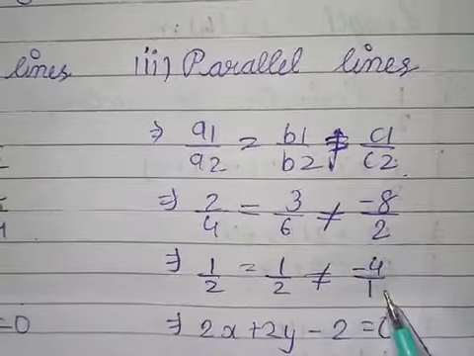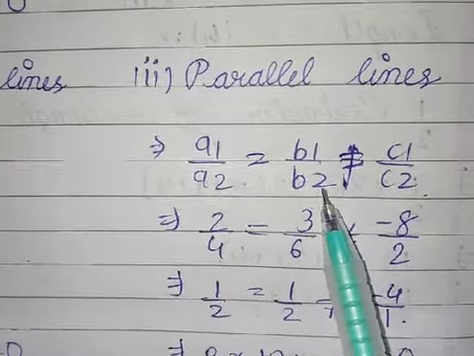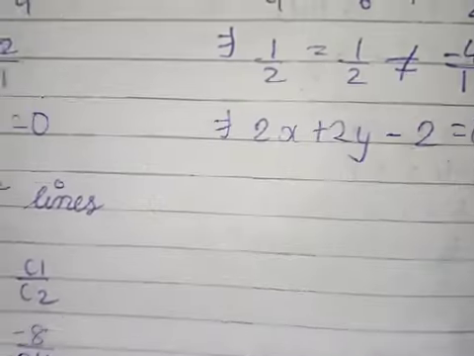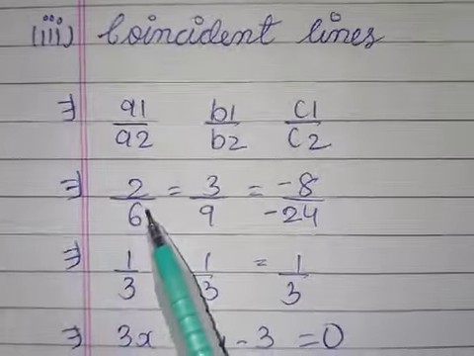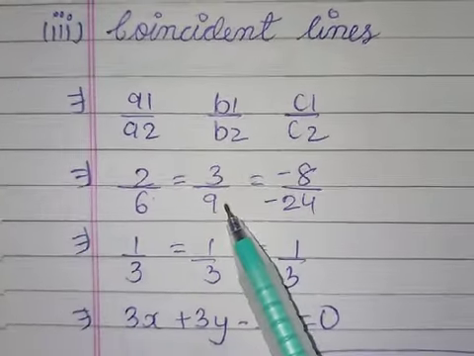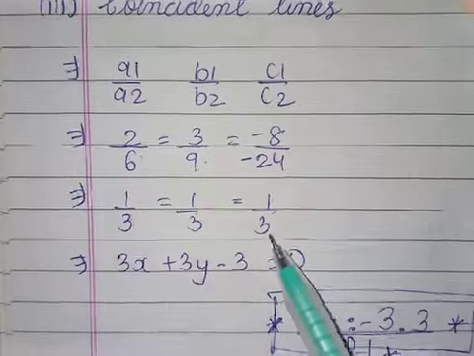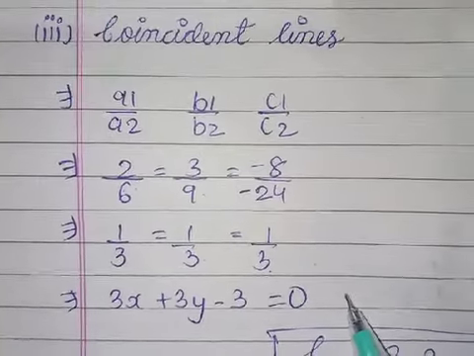A1 upon A2 will be equal to B1 upon B2 but not equal to C1 upon C2, then the lines are parallel. Third one: all three should be equal. So 2 by 6 is 1 by 3, 3 by 9 is 1 by 3, 8 is there, 24 you put, so 1 by 3. All three are equal, so this is the required equation. Okay, fine.